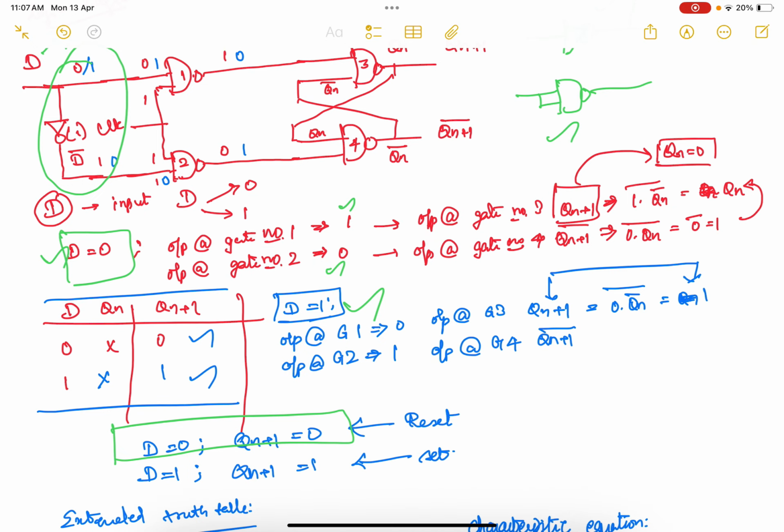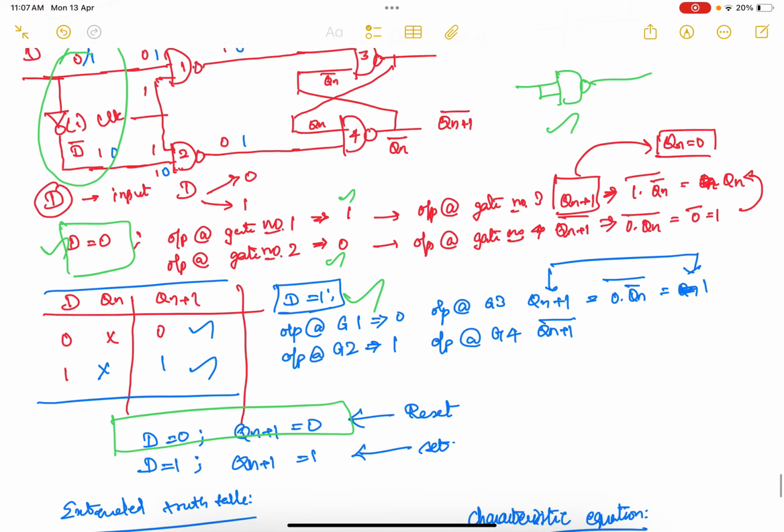Which means the output at gate number 3, if you take 0 into Qn bar, the whole bar, I directly get 1, because 0 complement is 1. If this is 1, I don't need to proceed at the bottom side. So when D equals 1, my Qn plus 1 becomes 1.